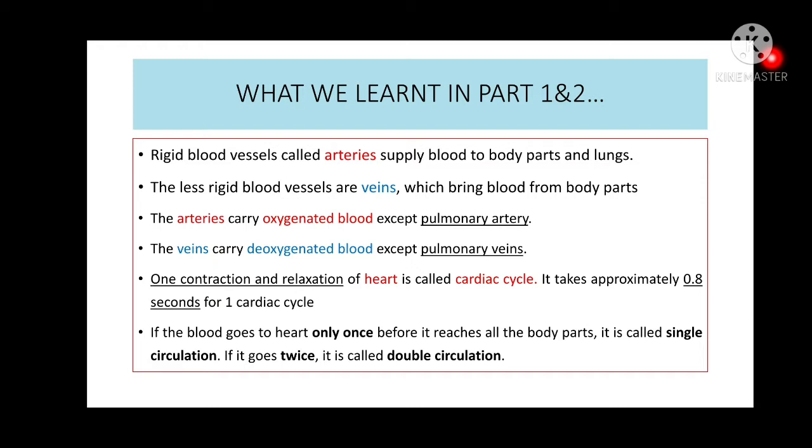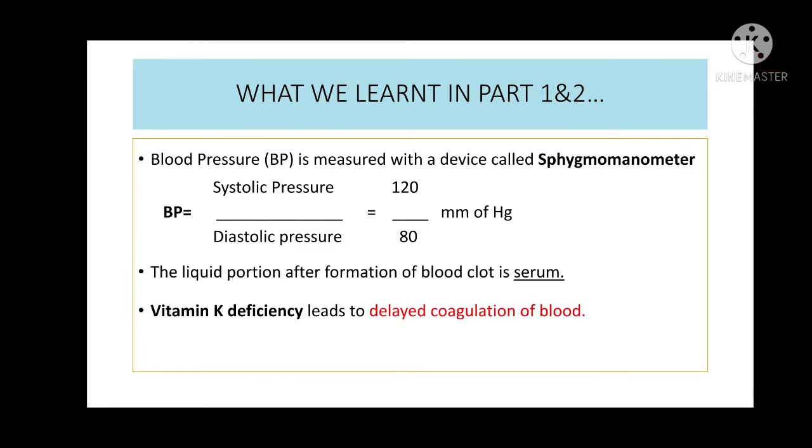If the blood goes to the heart only once before it reaches all the body parts, it is called single circulation. If it goes twice, it is called double circulation. Blood pressure is measured with a device called a sphygmomanometer. Blood pressure is indicated as 120/80 millimeters of mercury.